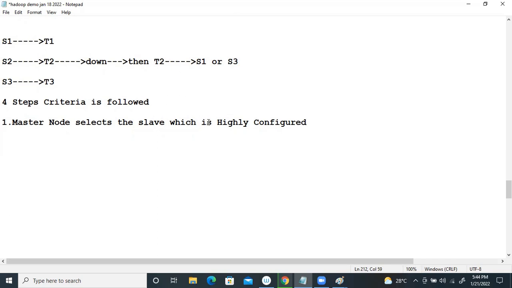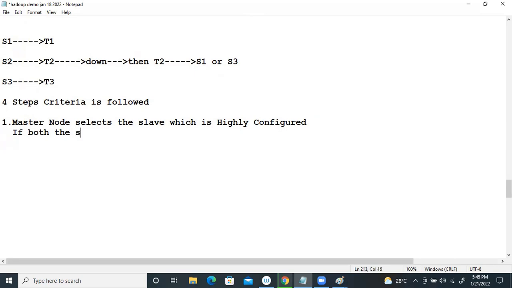If both slaves are highly configured, think if S1 has a higher configuration than S3, then the task will be assigned to S1.